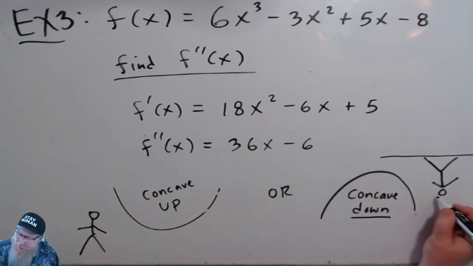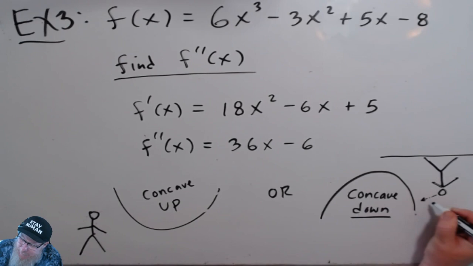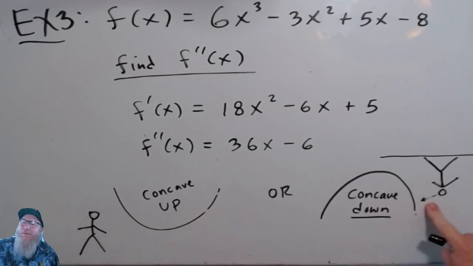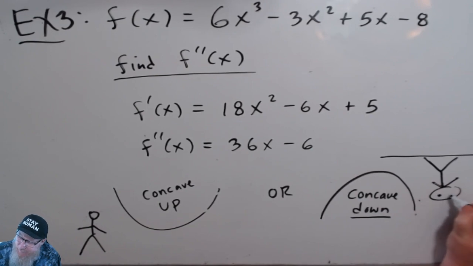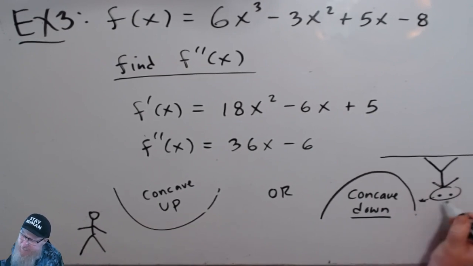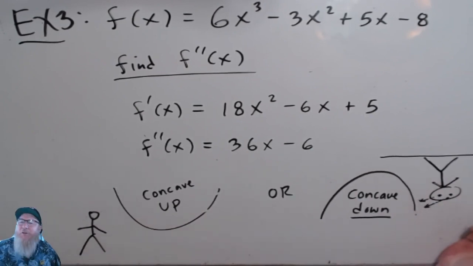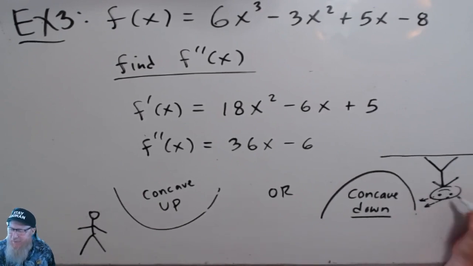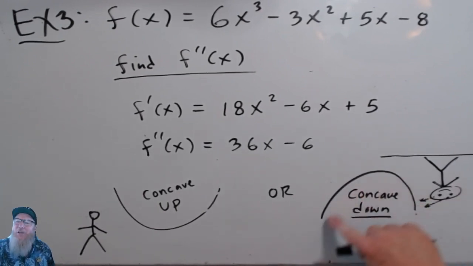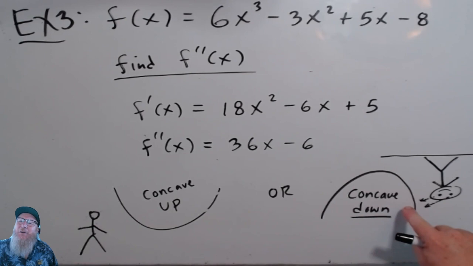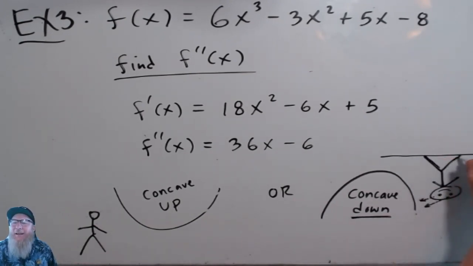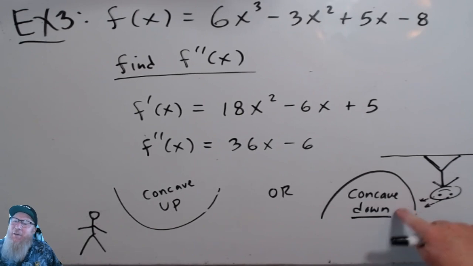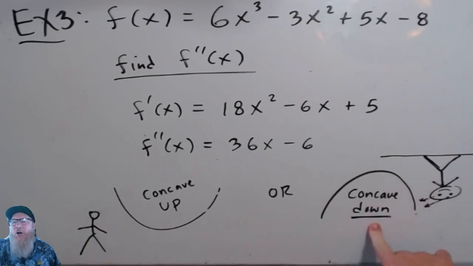In other words, according to your perception, your eyes, this is supposed to be your eyes. So if you were looking at this with your eyes, there's your mouth, it would look like it was concave to you. But because you are hanging from the ceiling, it looks concave, but it's going down. So we call that concave down.